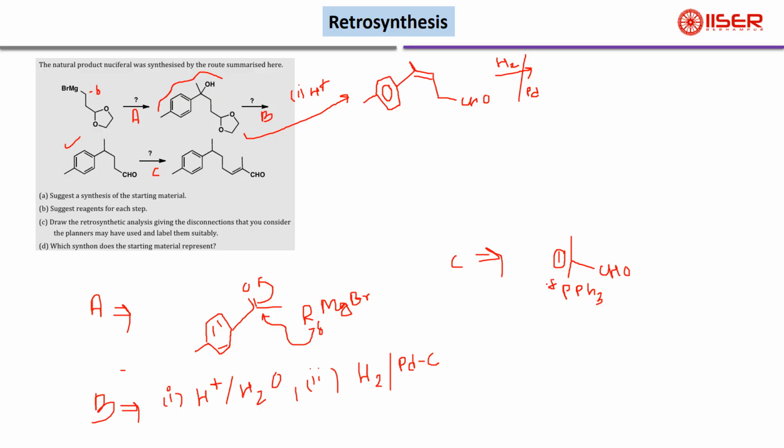Take this Wittig as a reagent and perform Wittig of this carbonyl compound, we can get this as our product. Okay. So we have answered all the questions. We have suggested the synthesis of the starting material, the reagents required we have all, and the third one, the retrosynthesis, we have done already.